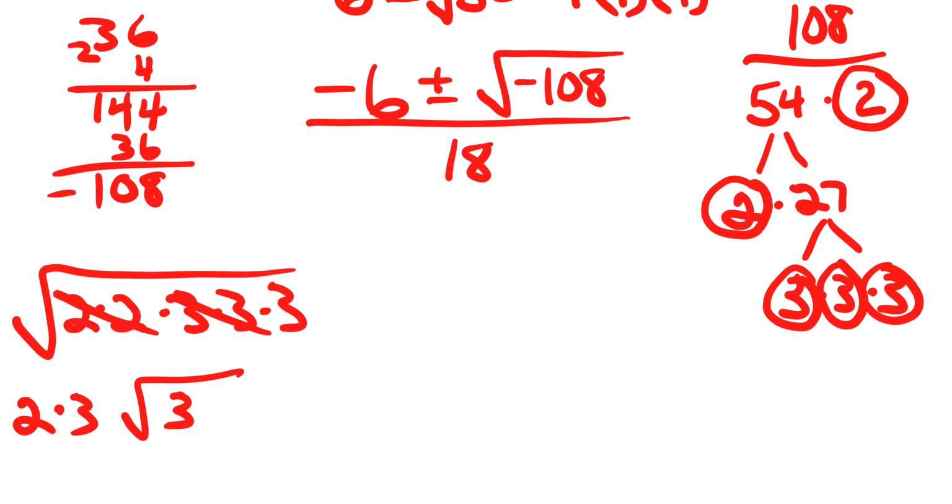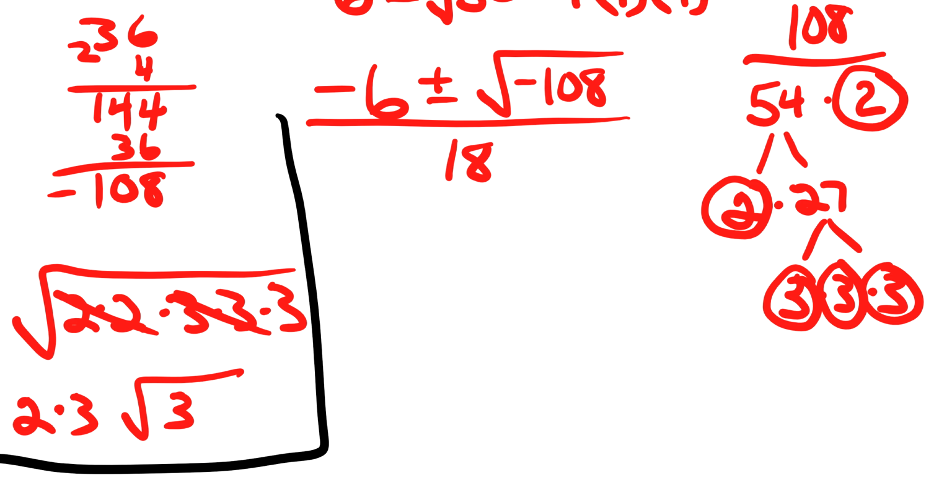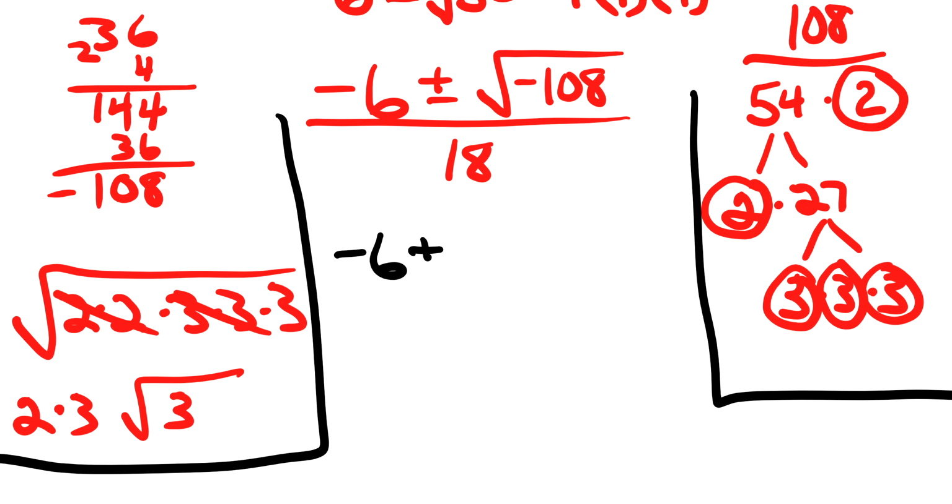Okay, so I'm going to put a line here and kind of section myself off like this so we know where we're going, to say when I copy this down, it's going to be negative 6 plus or minus the i is with us and the 6.